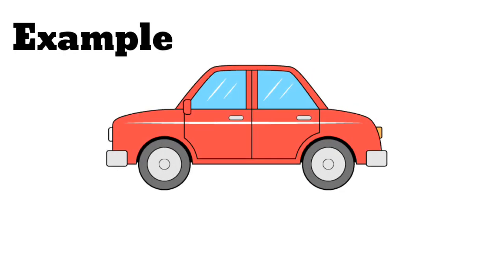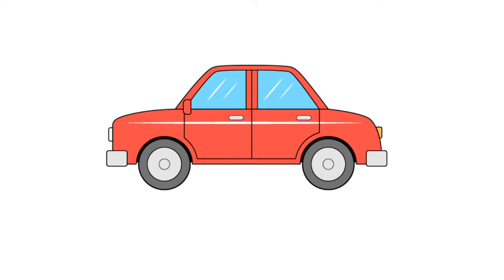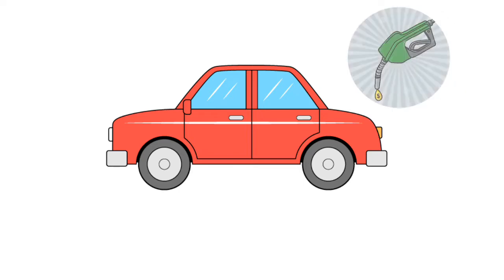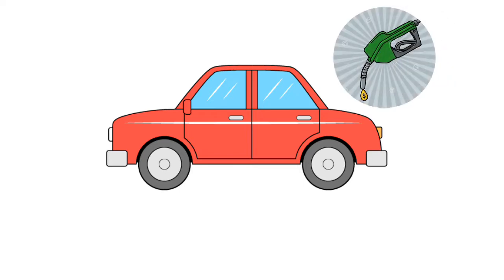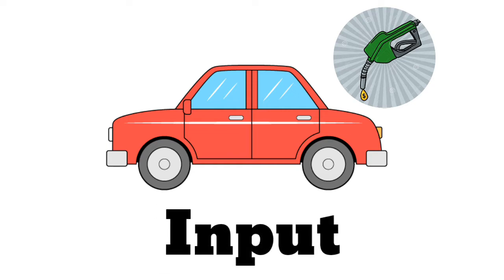Here we can see an example for input, process and output. In a car we fill petrol, therefore for the car petrol is the input.